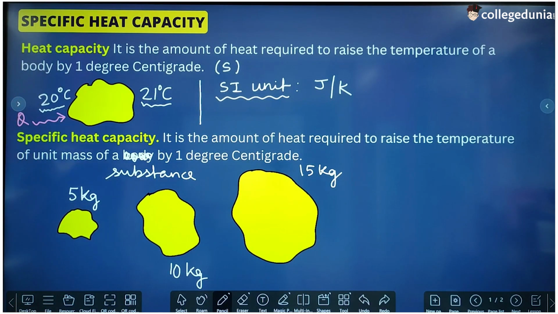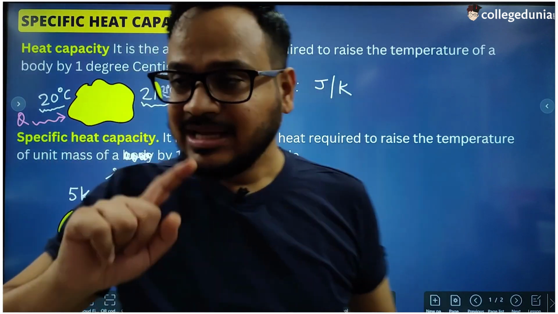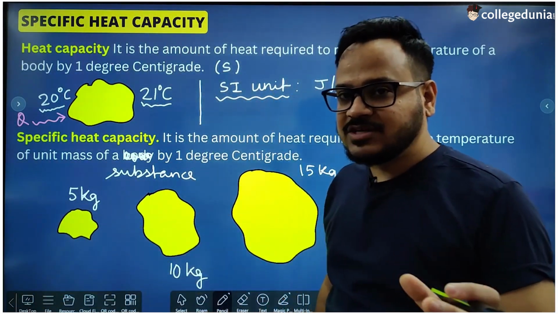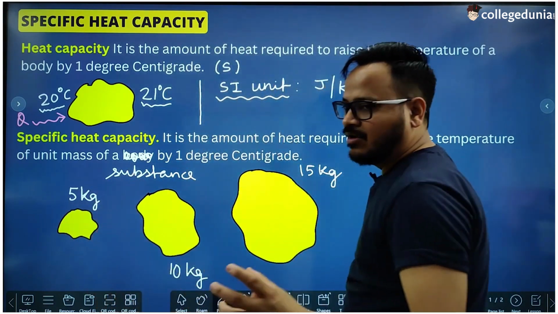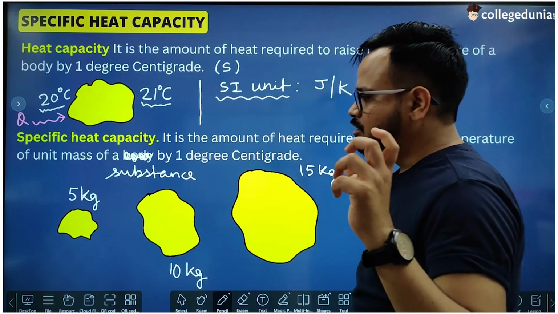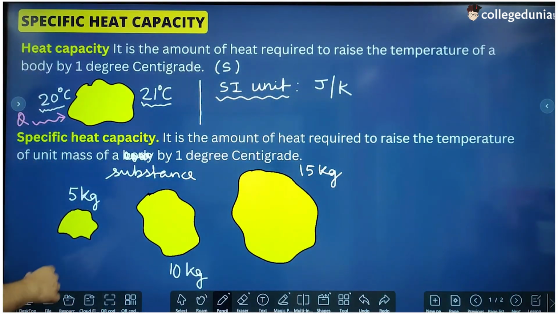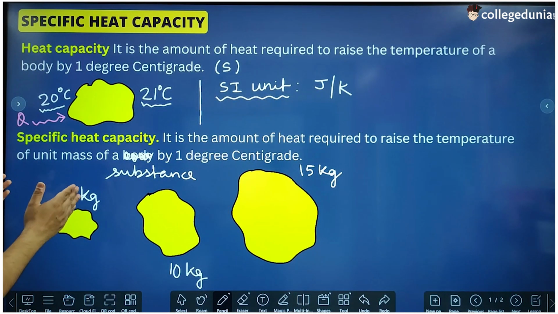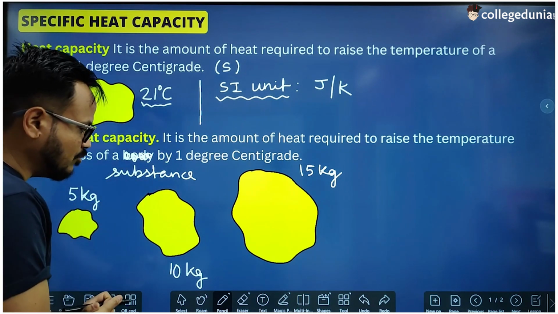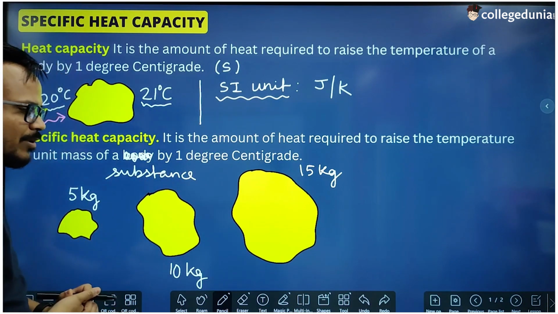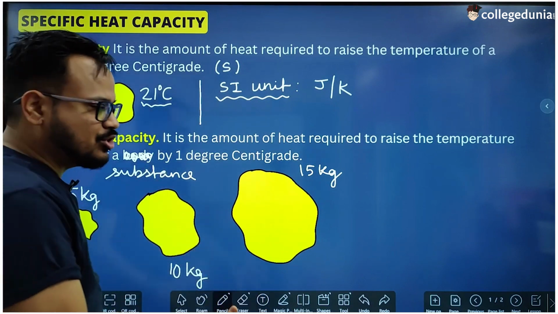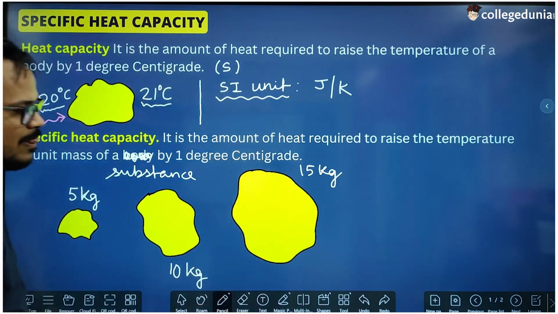So it is clear that the value of heat which is required to raise the temperature of this piece by 1 degree will be the smallest. Lesser heat is required to increase the temperature of this body by 1 degree centigrade, and obviously the size of this body is more, so more heat will be required to raise the temperature of this piece of copper by 1 degree centigrade, and much more heat is required for this piece.